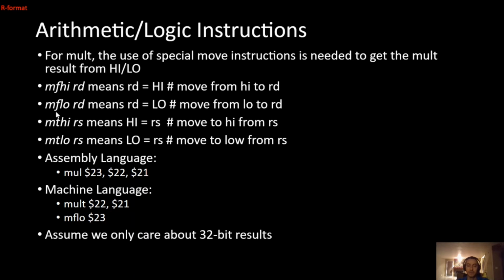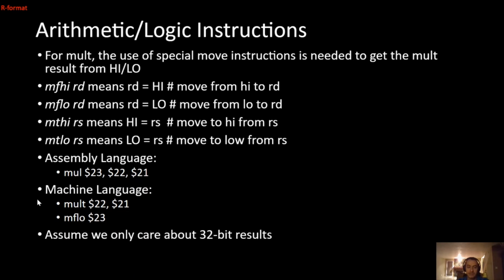If you have move from low, it is going to take the data from the low register and put that in the register that you give it. We also have move to high and move to low, which work in the opposite direction. You take some register's data and put that in the high register. So these four are special instructions for the two registers that we have.